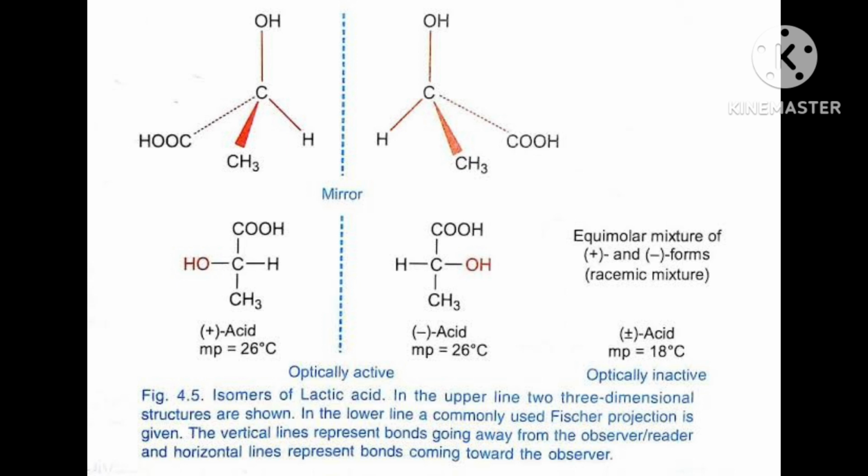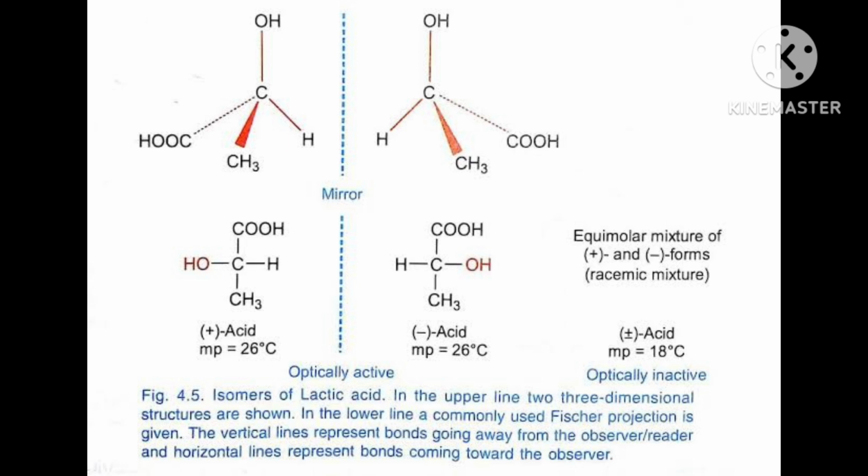Correct? Then this I told you, by hydrolysis of optically active bromobutane. Actually this example you can understand by optically active 2-bromobutane. You take the example of 2-bromobutane. It is optically active. 2-bromobutane, 4 carbons will be there.